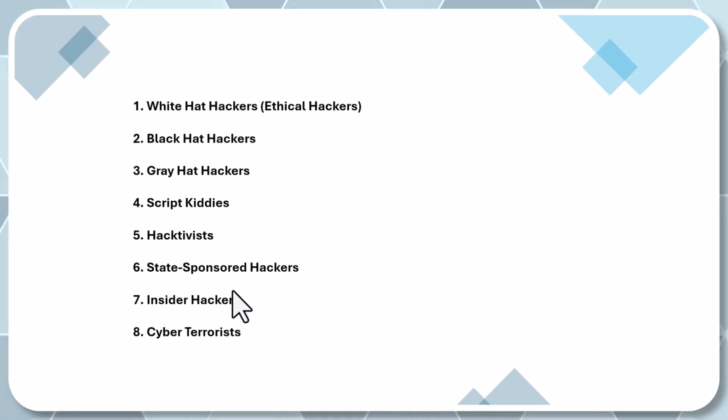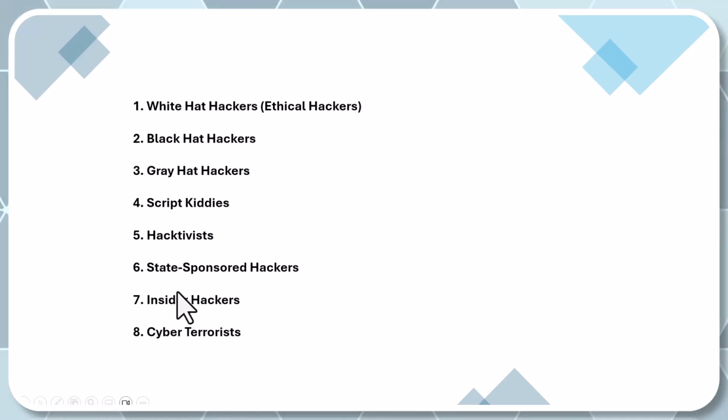Now hacktivists are basically people who are annoyed with something. They're annoyed with a company, they're annoyed with a system, and then they will do this kind of hacking. That is called hacktivism. State sponsored hackers means one country wants to steal data or bring down the system of another country. These hackers have the most resources because they are heavily funded.